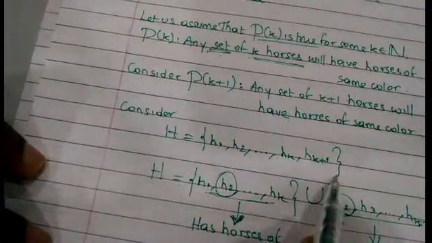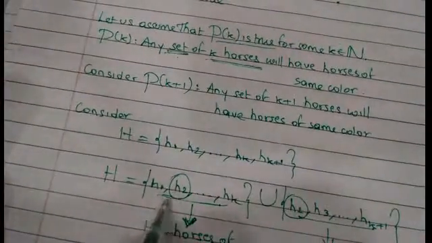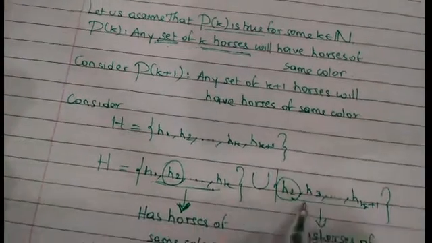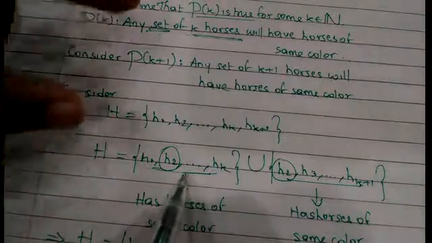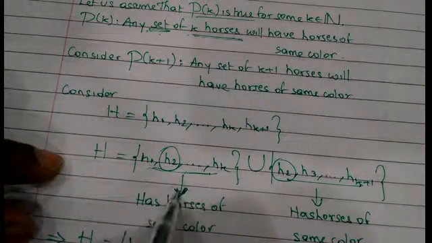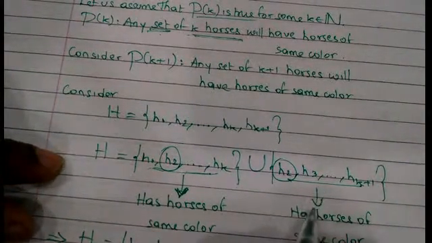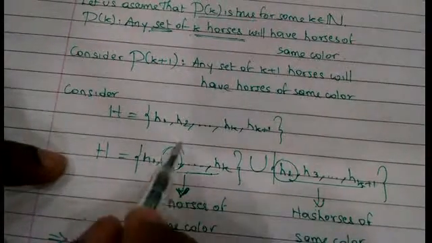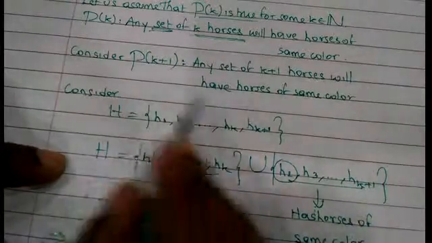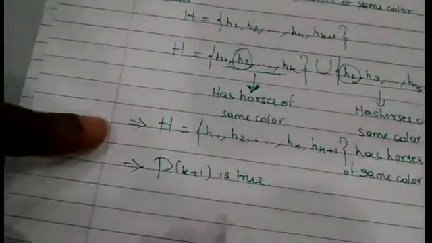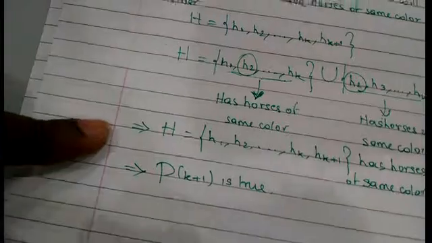We have written that set like the union of two sets where both of them have exactly k number of horses. So therefore we can conclude that this will have all horses of same color, and this also has all horses of same color. And they also have something in common. Therefore this entire collection, which is same as the previous one, will have horses of same color. So we proved P of k plus 1 is true.